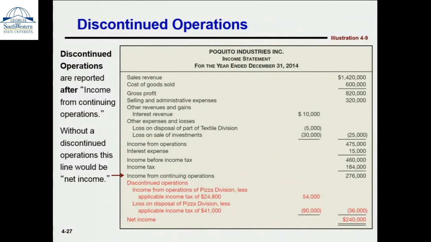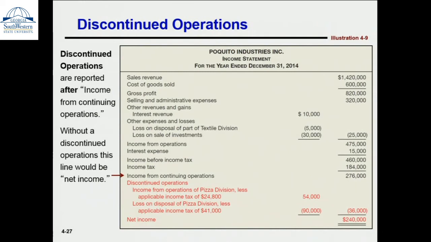This is our benefit from the discontinued operations, right? So this is an expense. This is a benefit. Really, we're only paying Uncle Sam that minus that, $159,200. That is what we're paying Uncle Sam. So you only write one check? One check, yes, one check.